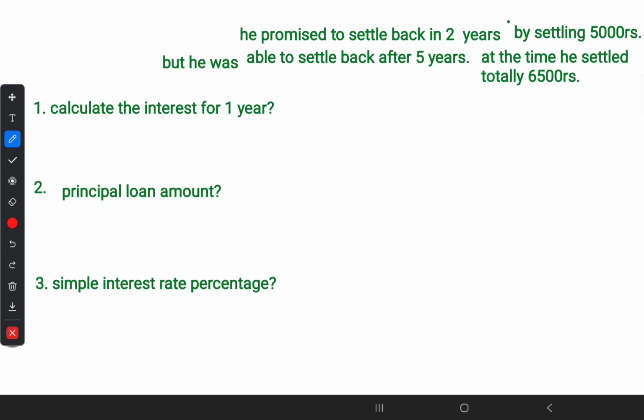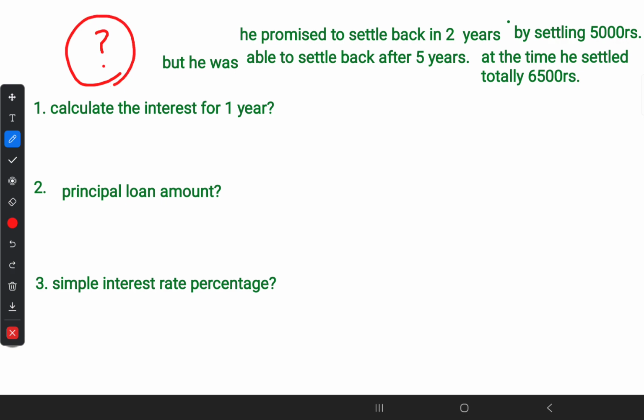Okay, in the question, he promised to settle back in 2 years by settling 5,000 rupees. But nothing is told about the initial loan he had taken. We don't know the amount of the loan. That is the question mark.